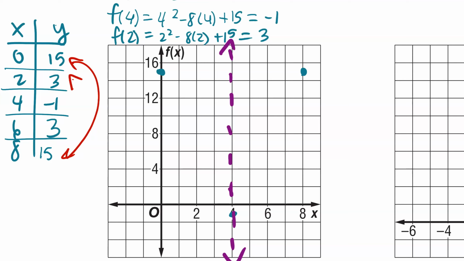What I do to one side, I do to the other. So at 2 I have a value of 3, and at 6 I have a value of 3. So the right half of the axis of symmetry looks just like the left half. It's mirrored across. Okay, and that's all it wanted us to do.